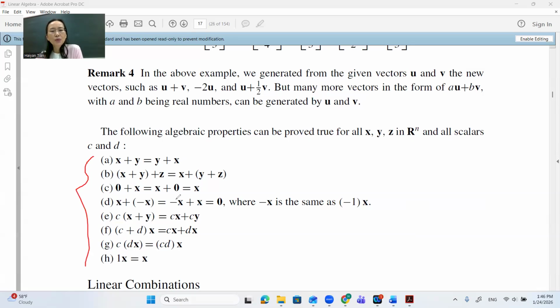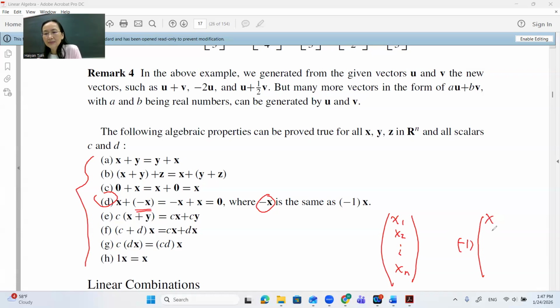Let's pick one. Suppose I want to verify the d, right? So let's pick the d. Suppose I have an x, which is in Rn. So I want to add a negative x. What is the negative x? So negative x means -1 times x.